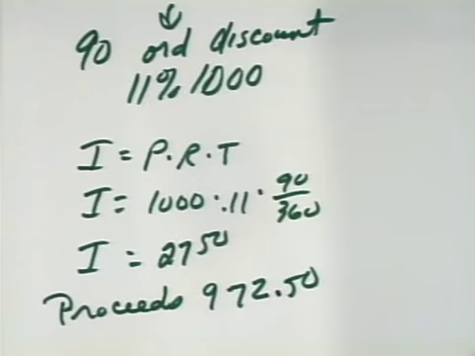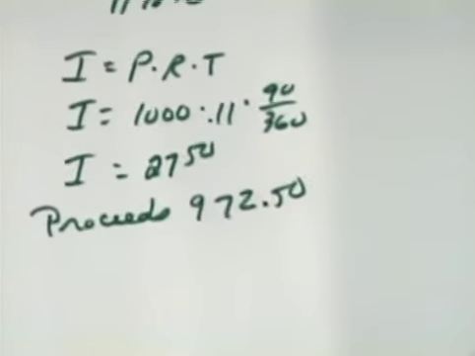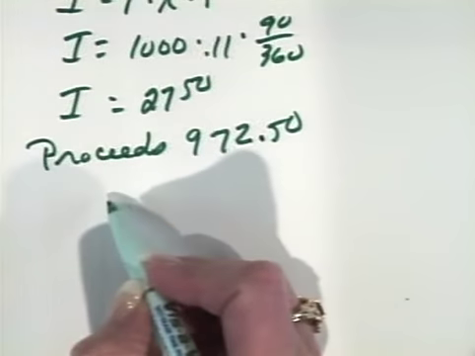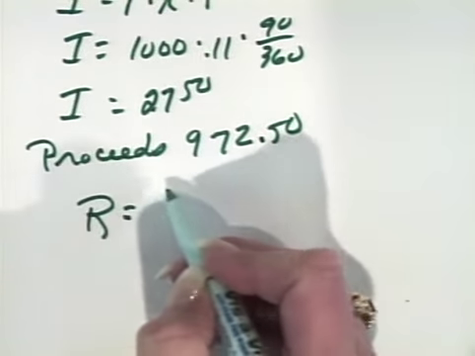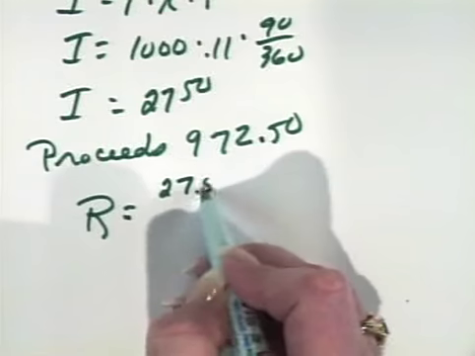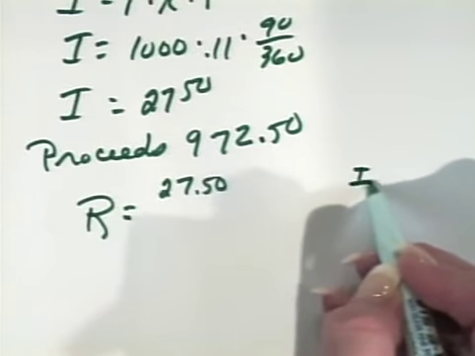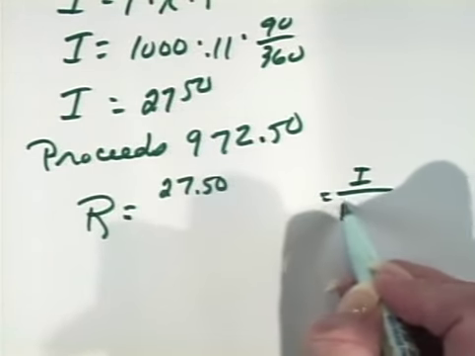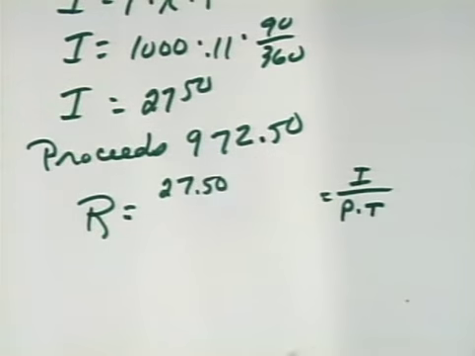Step 2, calculate the rate. This is where I was in a fog. We take the interest, which is $27.50. Rate is I over principal times time.